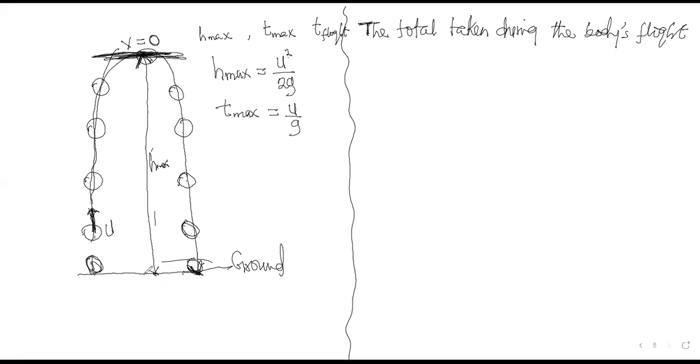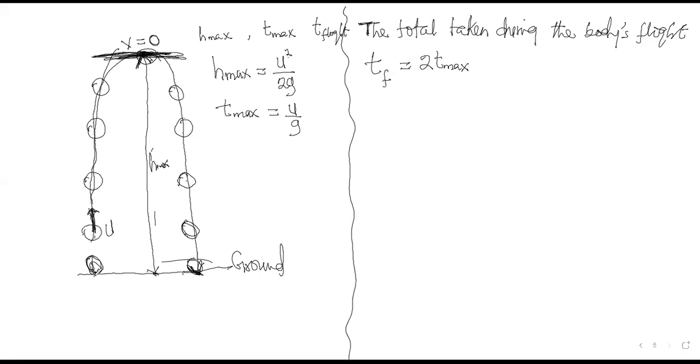If the body takes t max to move from this point to the maximum height, then it will take the same time to drop from the maximum height to the ground. So time of flight, TF, is always equal to 2 times the time taken to reach the maximum height.